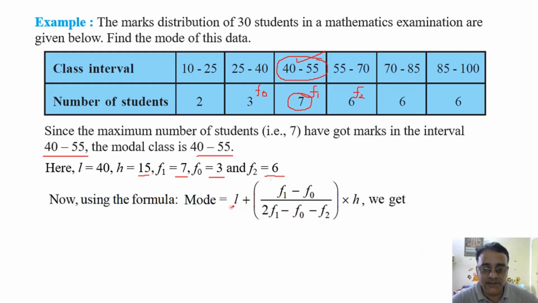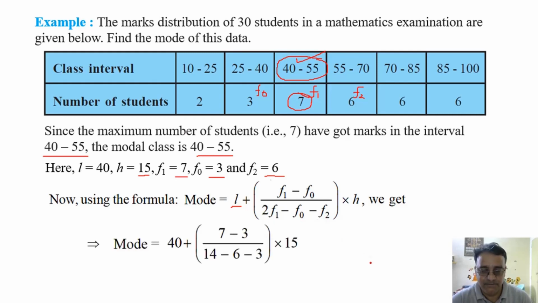We are going to substitute L is equal to 40, F1 7, F0 3, 2 into F1, that is 2 into 7, 14, minus 3, minus 6. Okay, 7 minus 3 is 4 and 14 minus 6 minus 3 is 5. So you'll get 4 by 5.